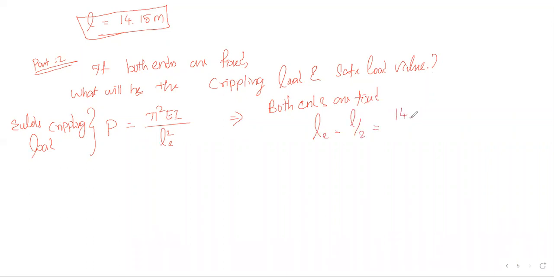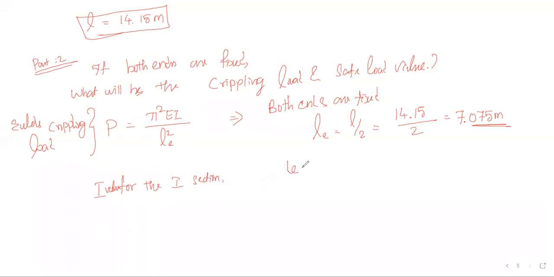So L value we know that 14.15 divided by 2. So the answer becomes 7.075 meters. Okay. Now we have to substitute all the things. Here we have to calculate I value for the I section. That is the built-up section.